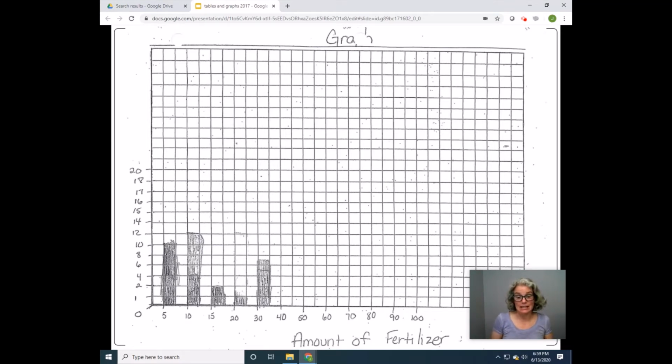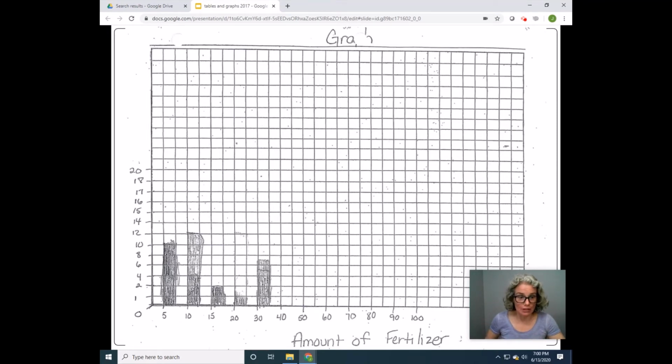So in this case, the effect of the amount of fertilizer on pounds of tomatoes produced. It's going to be a long phrase, and that's okay. The title should be long. Don't title it tomato plants or tomato graph. It needs to be a long description.